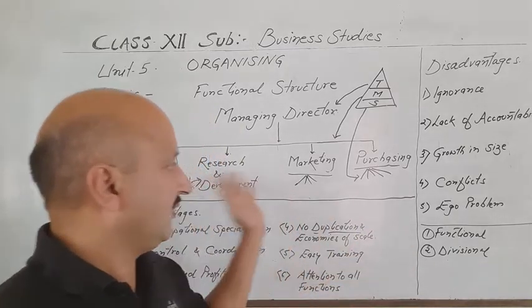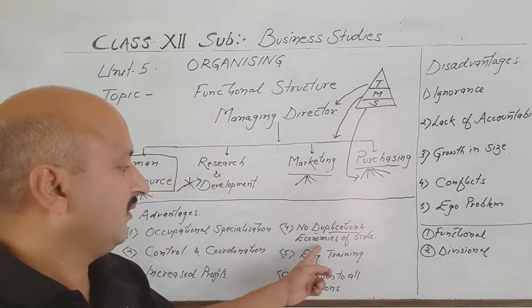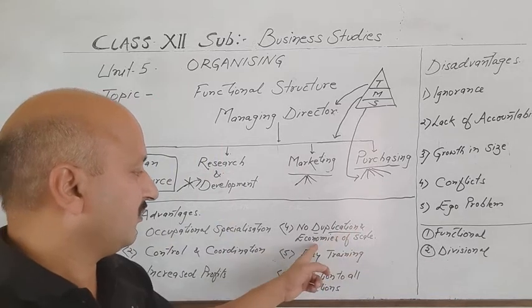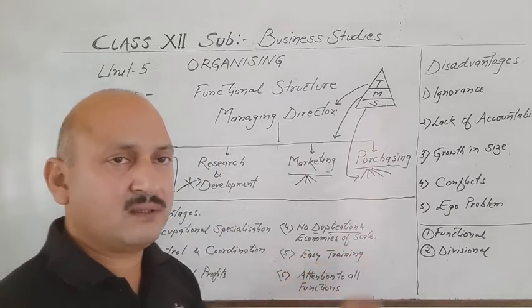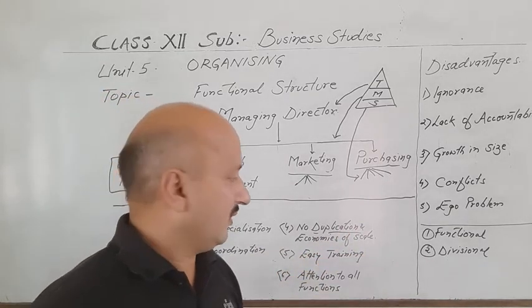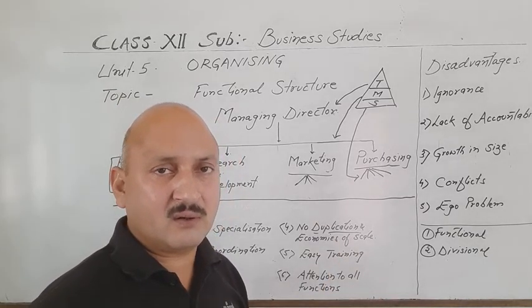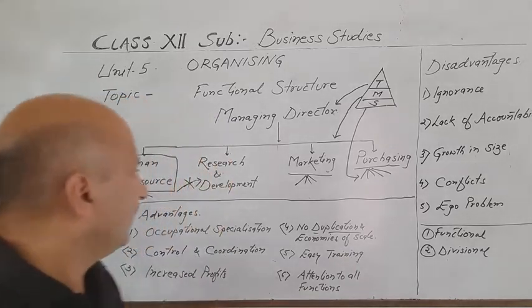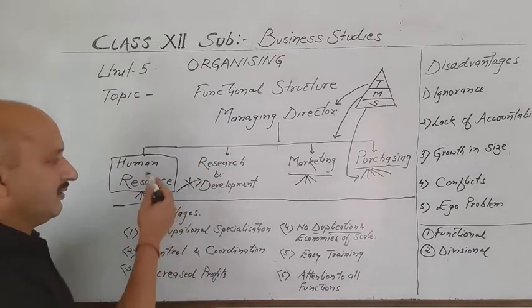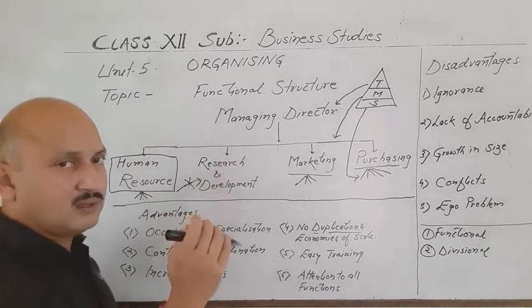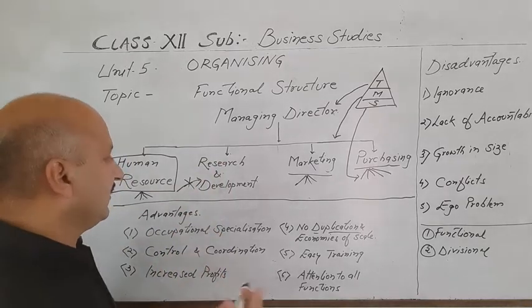But here we can see there is no duplication, and one more point is added in this point, that is economies of scale, which means it is less costly. It will give us benefit in the long run because everything regarding human resource will be handled in only one department or one function.